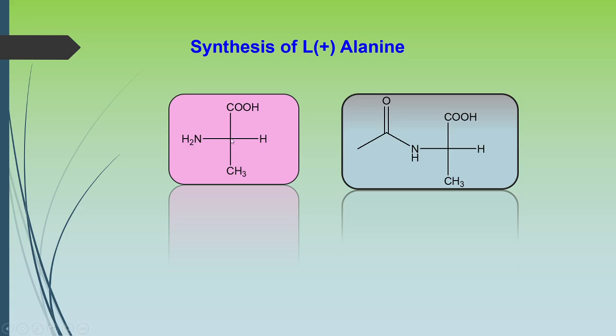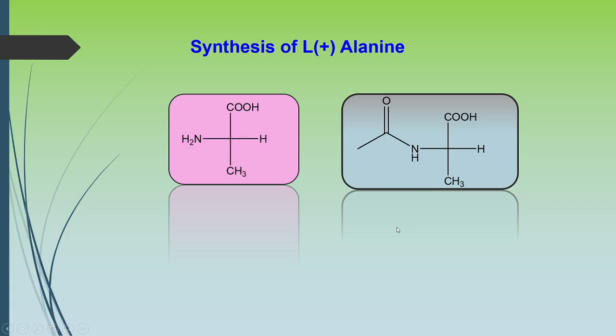This is the L amino acid because this NH2 is on the left hand side, therefore this is L-alanine, and the plus indicates that it is dextrorotatory. So this structure shows L-(+)-alanine, and this is N-acetyl L-(+)-alanine. Due to the high reactivity, this is the stable or protected form of L-(+)-alanine.